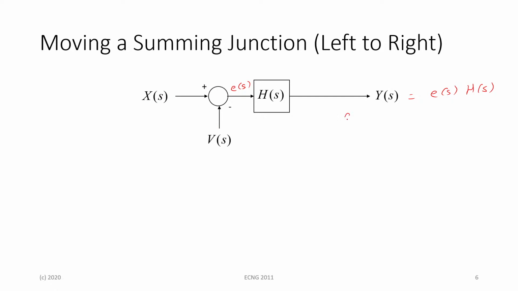So e of s here is equal to, and we can see x of s going into the summation junction is positive, so we say x of s, and then the v of s here is negative, so minus v of s.